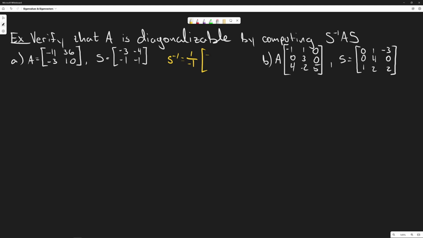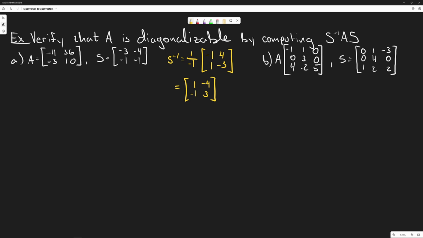Then you flip the main diagonals, and then you flip the signs on the rest. And so this simply becomes -1, 1, -4, 3.